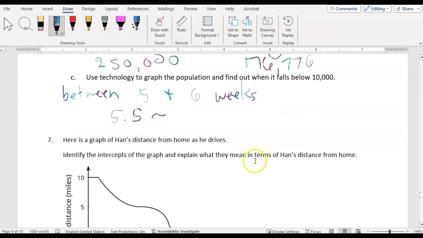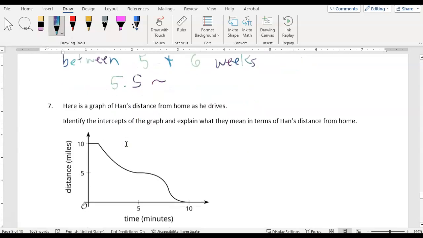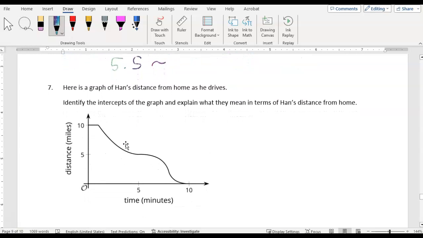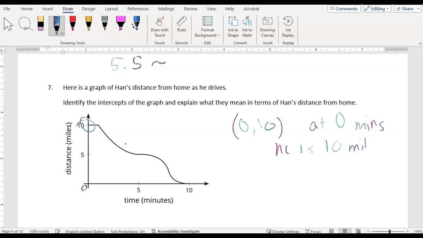All right, our last question here is a graph of Hans' distance from home as he drives. Identify the intercepts of the graph and explain what they mean. So our first intercept is 0, 10. That is our vertical intercept or y-intercept. And that means at 0 minutes, he is 10 miles from home.